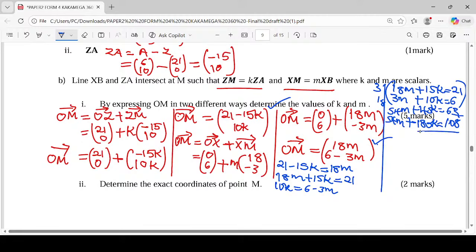Then you subtract: 54m minus 54m will disappear. Then I'll be left with 45k minus 180k. When you take 45 minus 180, that should be negative 135k, being equal to 63 minus 108. That gives you negative 45.